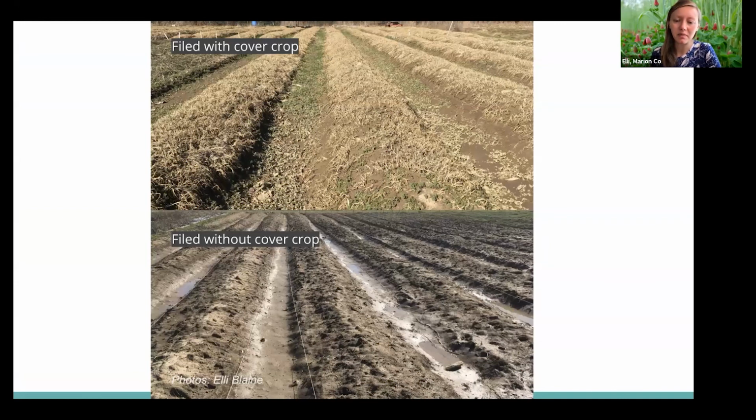This example was from a farm that on one side of the field did not plant cover crops, and on the other side of the field did plant cover crops.